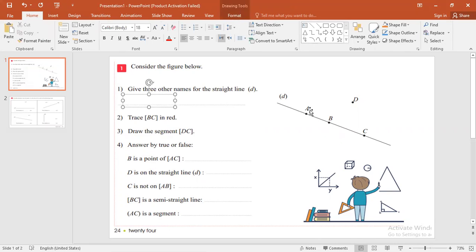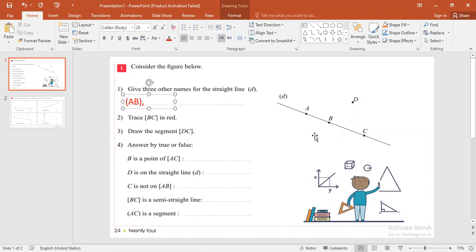We have A and B. So we open parentheses, we write capital A, capital B, and we close the parentheses.